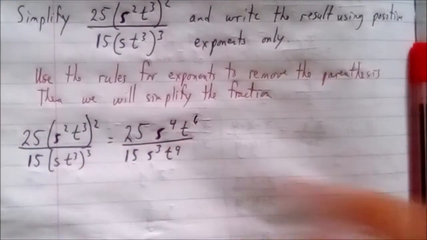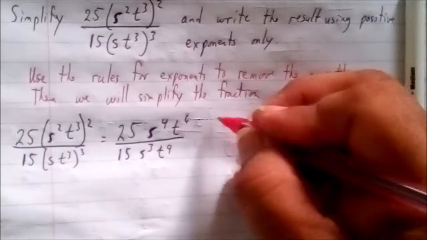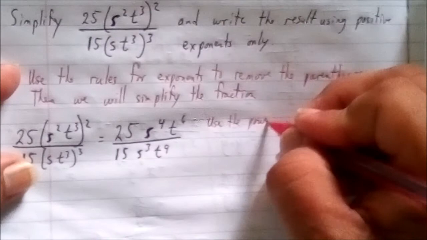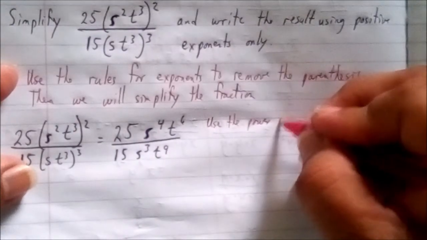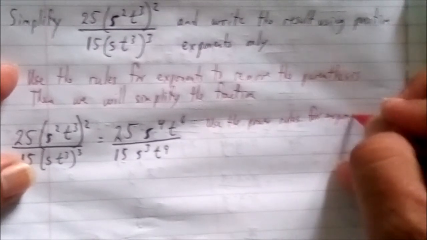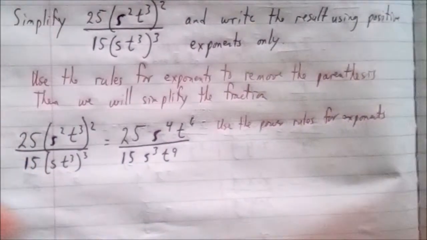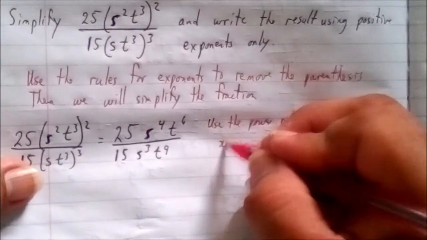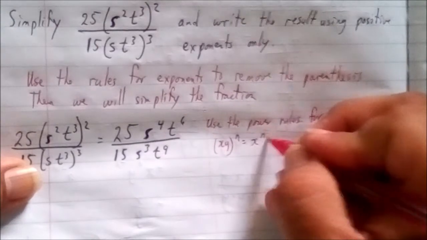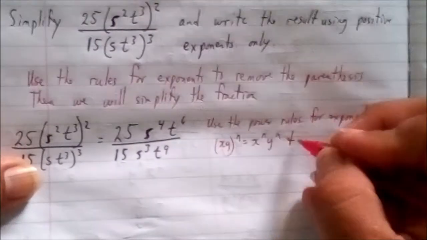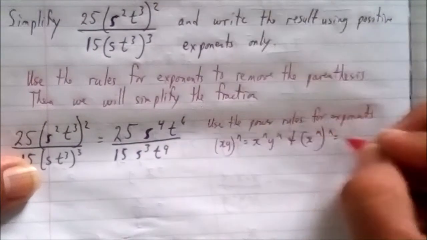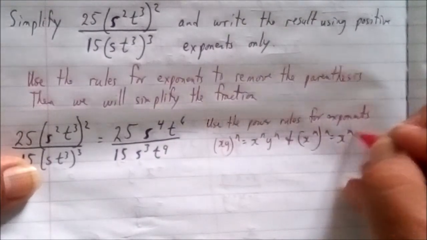So here what we have just done is this: use the power rules for exponents. And what's the rule? x y to the n power, which could be any power, is x to the n y to the n, and x to the m, to the n, equals x to the m n.